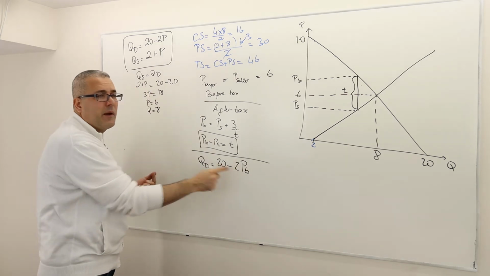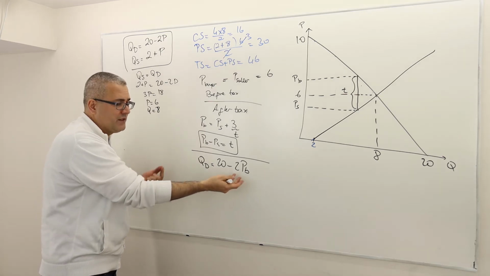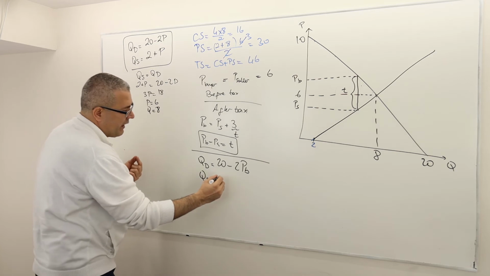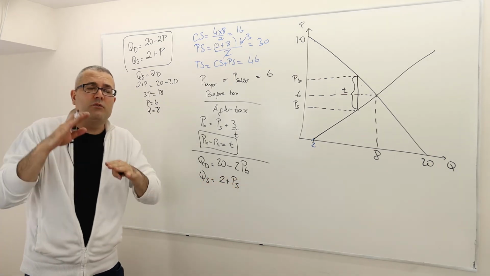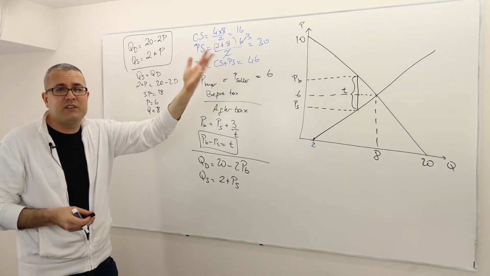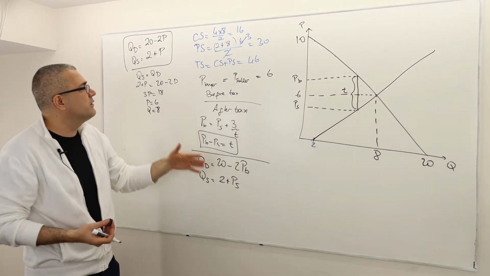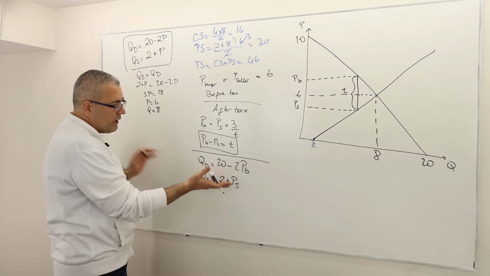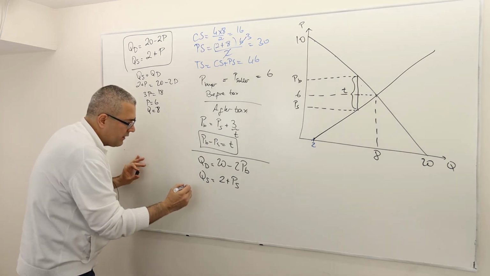As a buyer, I care about how much I pay, so my demand function should be written this way. And QS, the supply curve, should be written as 2 plus PS. When there is no tax in a perfectly competitive market, we didn't bother writing PB and PS because they were the same thing. But now they're not.